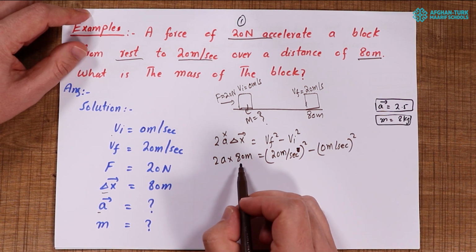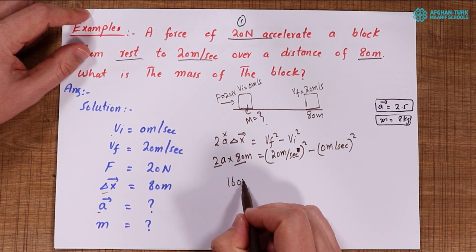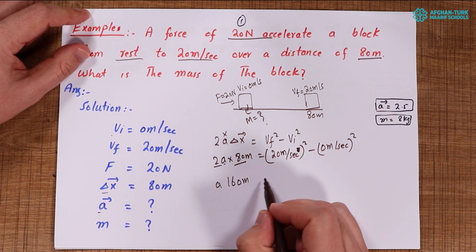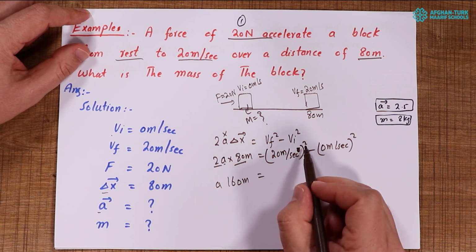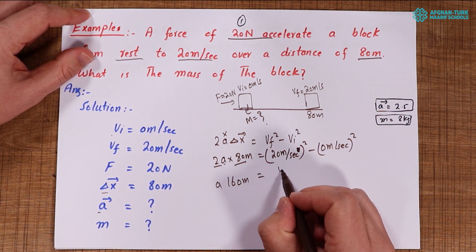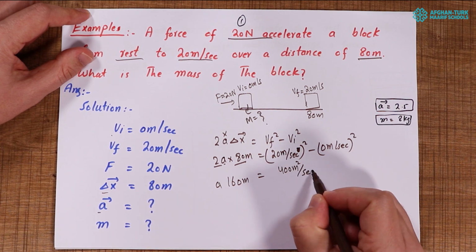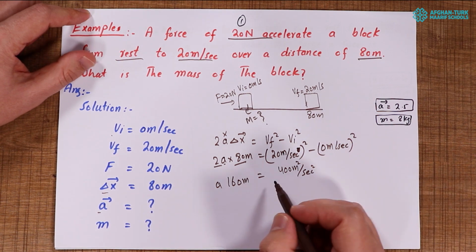Now multiply the values. 2 multiplied by 80 is 160 meter. a is the acceleration, we will find this value. If we take the square of 20, this is equal to 400 meter square divided by second square. Now vi is 0, so this will be cancelled.